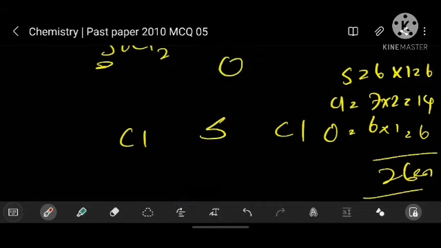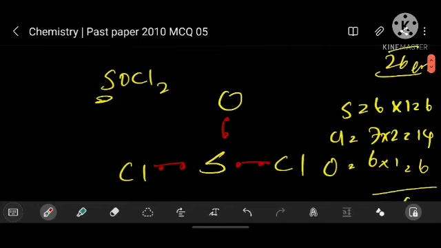So I'm going to make the bonding electrons, 6 electrons used. So now I'm left with 20 electrons. I'm going to distribute to the most electronegative atom first, that is oxygen here, 6. Then to chlorine, 6, 6.